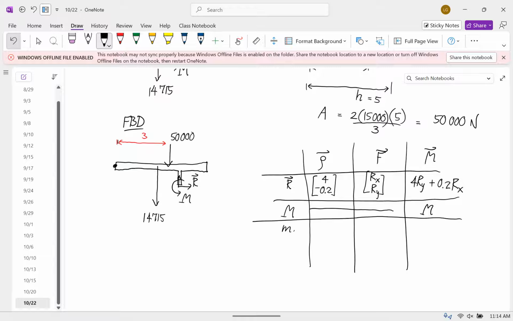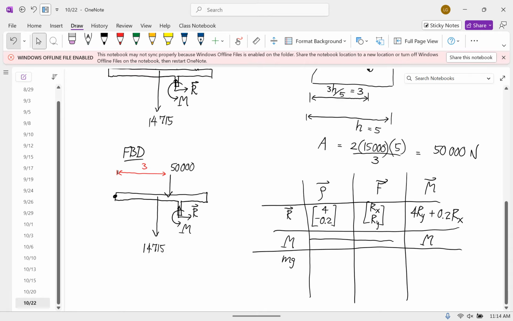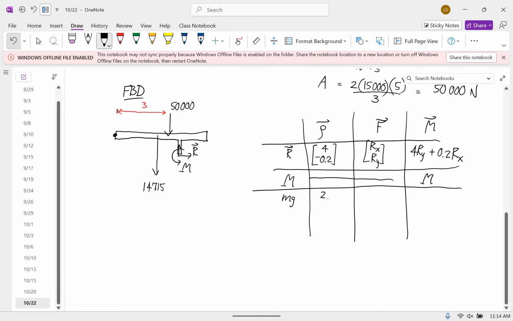Then we have the weight force. The location there is, the whole thing is 5, so this is 2.5, 0. And the weight is 0, -14,715.